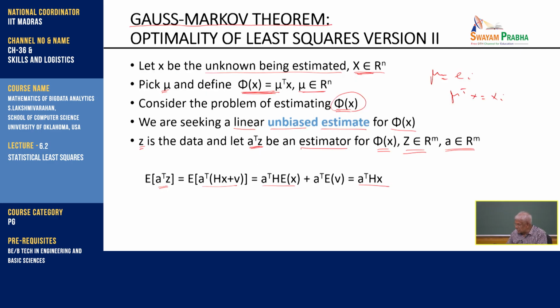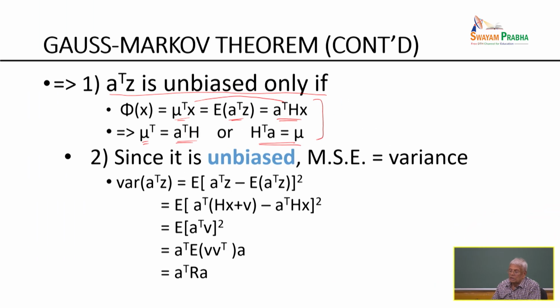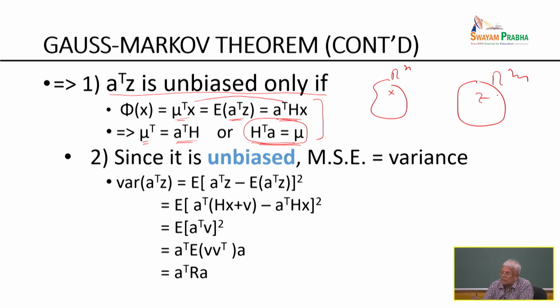So there is a mu, there is an A, and there is an H. For the estimate A transpose Z to be an unbiased estimate of mu transpose x, these three quantities must be related to each other, that H transpose A must be equal to mu. Just to look at this again: this is Rm, this is Rn, this is x, this is Z, this is mu, this is A, this is H, this is H transpose.